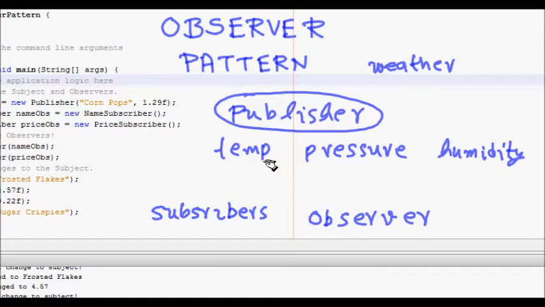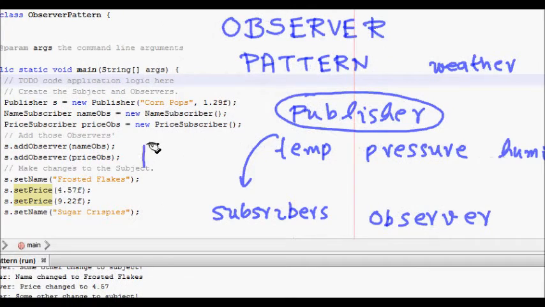Whenever there is a change in that temperature, pressure, or any information or state maintained by the publisher, they want to be notified. It's a kind of push mechanism where whenever some data changes, all the subscribers will be notified. Let's say the temperature is now 25 degrees Celsius and then in the evening it changes to 20 degrees.